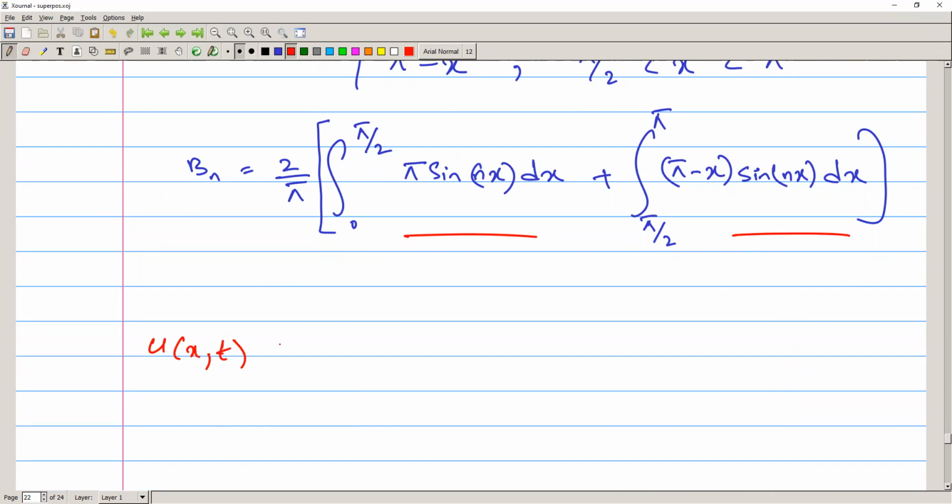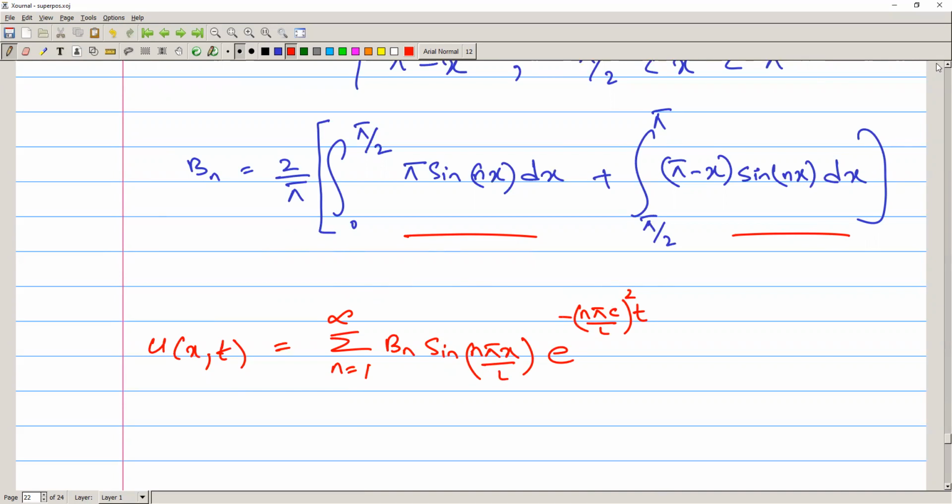In this form, we already know that the solution is given in this form: bn sine n pi x over L e to the power negative n pi c over L squared t, right?